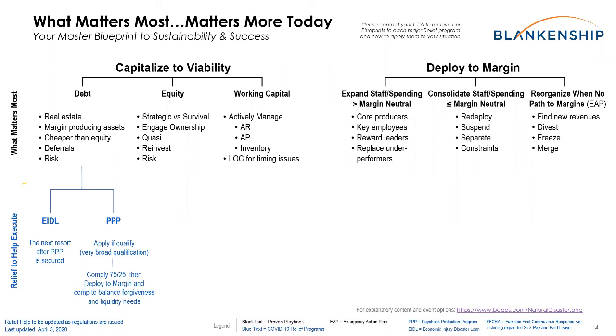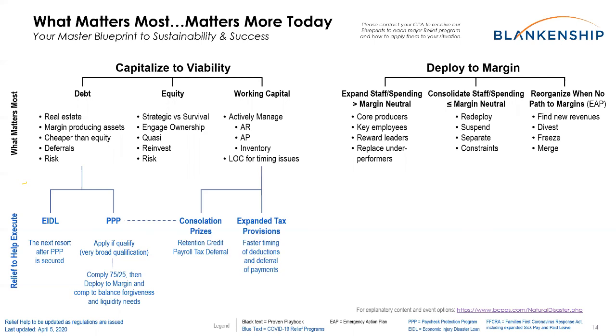So the EIDL and the Triple P, find a way, as we've talked about extensively, to spend to compliance and then deploy to the margin after that. Don't just assume that I need to get 100% forgiveness on this loan. Go ahead and go to the next one for me if you don't mind, Ben.